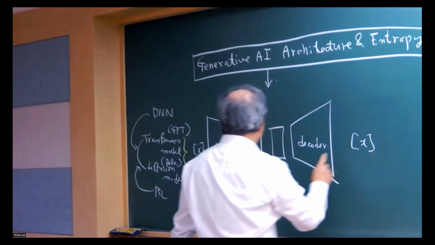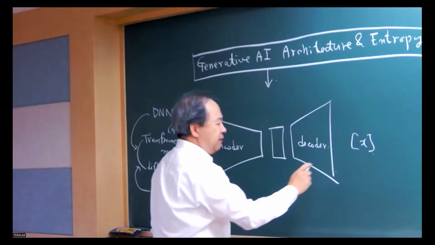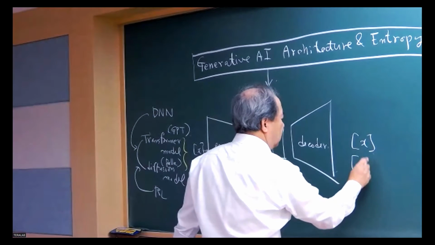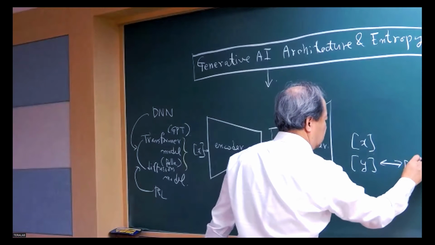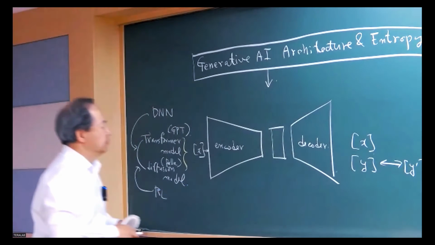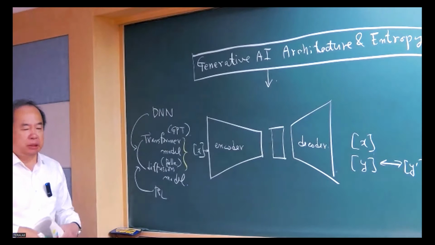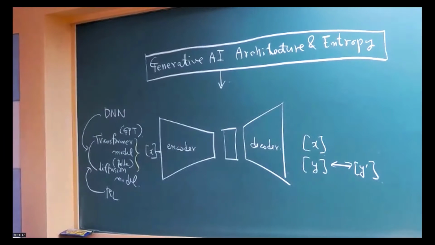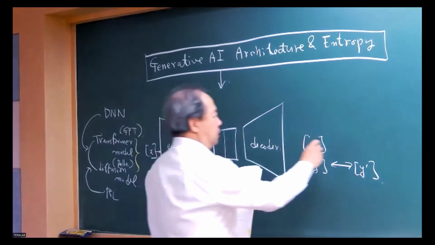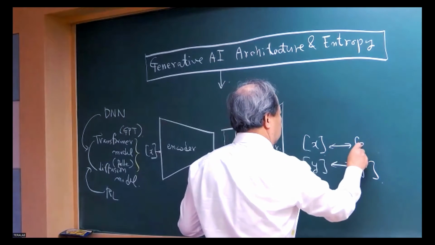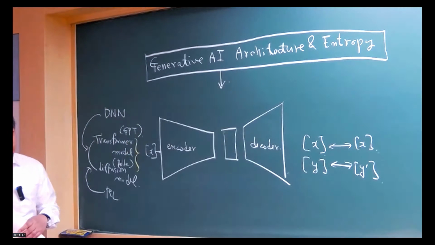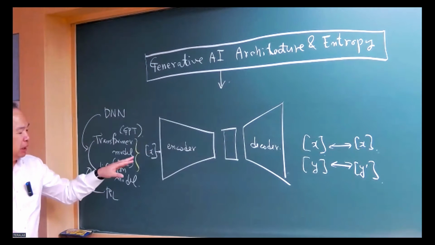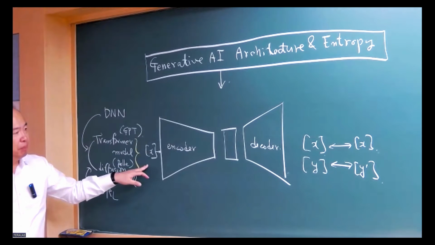Output is going to be either itself or a different vector. Sometimes during the training process of this generative AI, you put in an X vector.